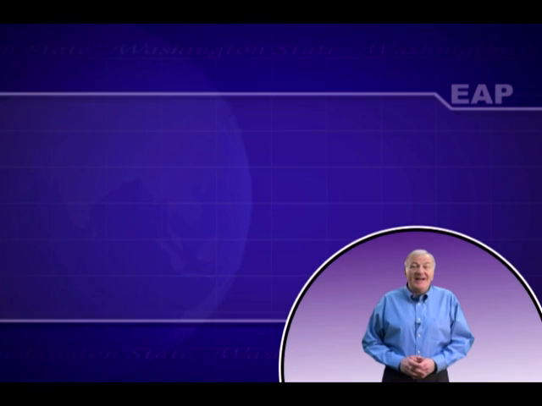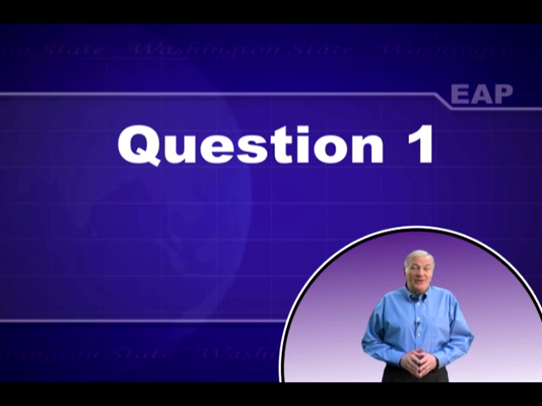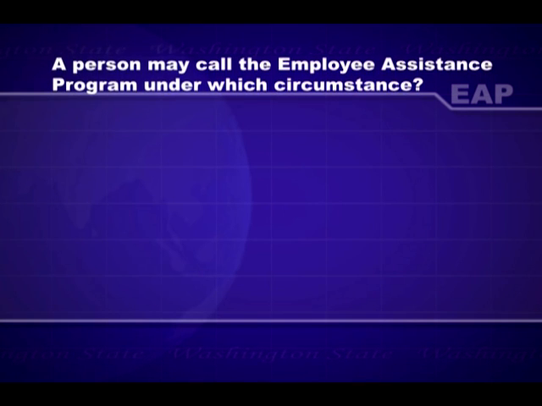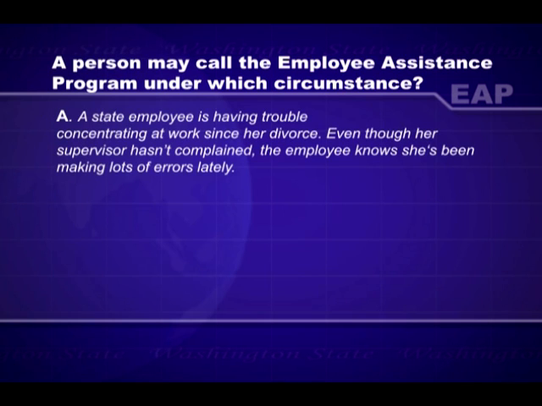Before we say goodbye, let's review what we've just discussed by giving you this short quiz. Question number 1. A person may call the Employee Assistance Program under which circumstance? A, a state employee is having trouble concentrating at work since her divorce.